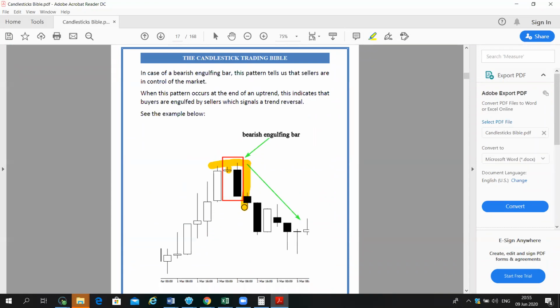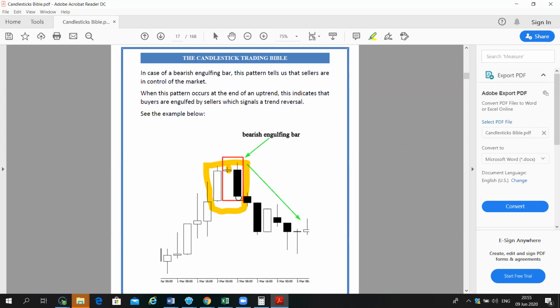And you can mistake this for an evening star. The reason it's not an evening star is because the close of the bearish candle is just above the previous bullish candle, this big bullish candle.